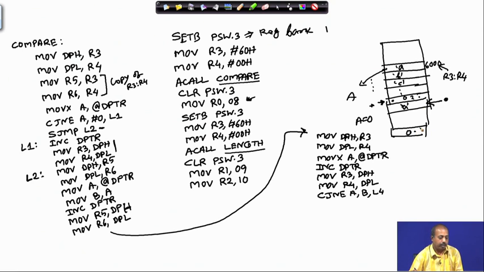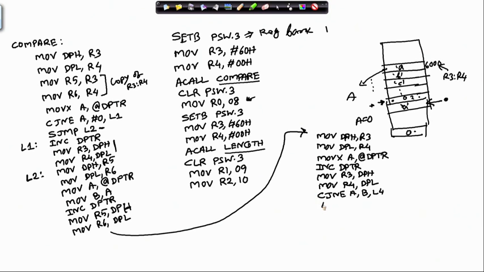So, for doing that, what do I do? If they are not equal, I am jumping to L4, otherwise I am doing an ADD of AB. So, A and B are added and then we check whether the result is 0 or not. So, CJNE A, #0, L5, okay.